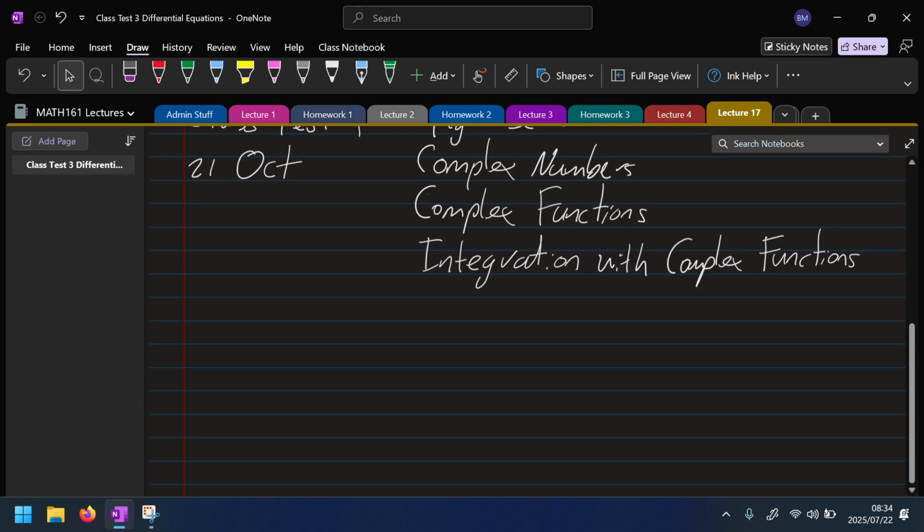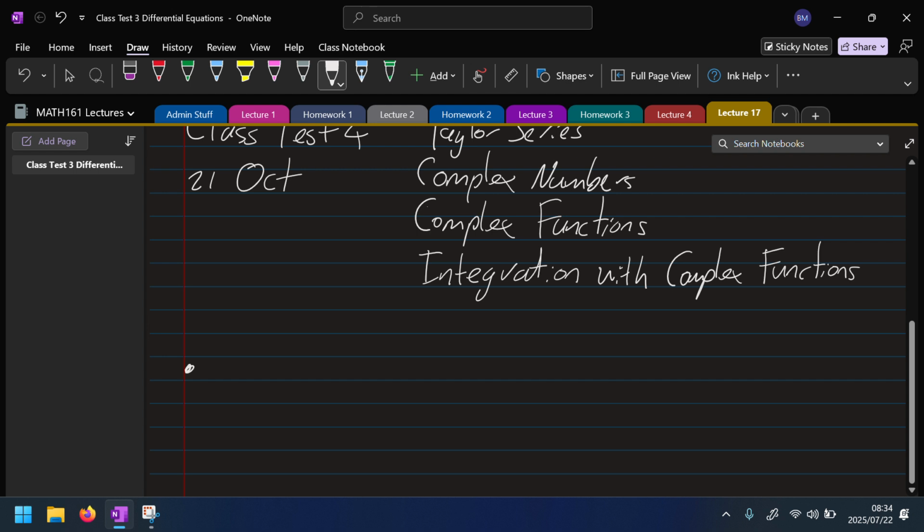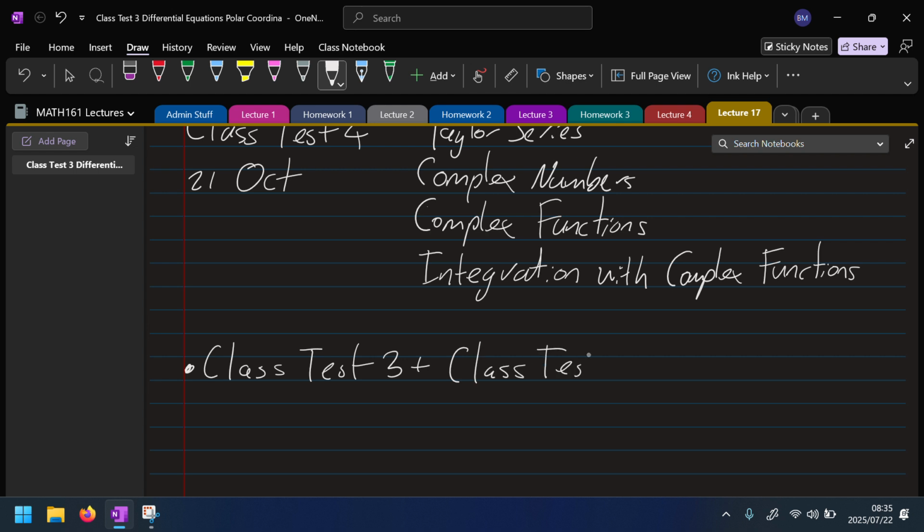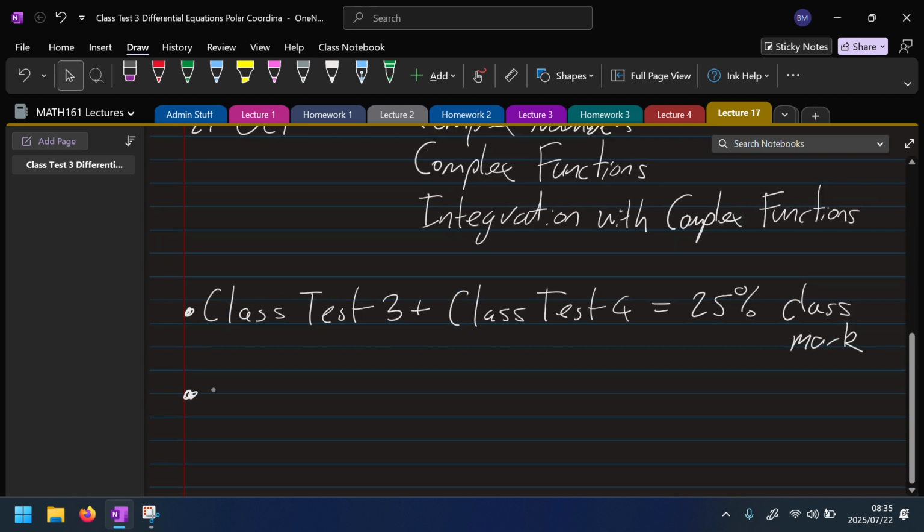So then just the notes. I did mention this, but just to write it down, class test 3 and 4 will count 25% of your class mark. And I also mentioned this, but I'll write it down: you need at least 40% to write the exam.